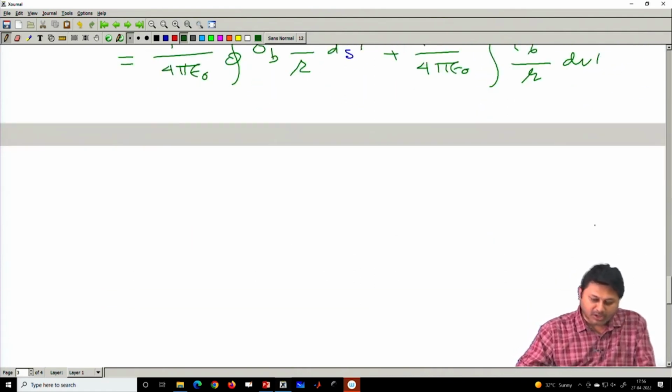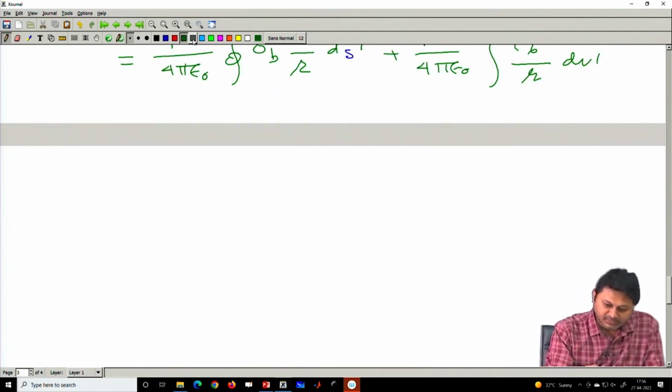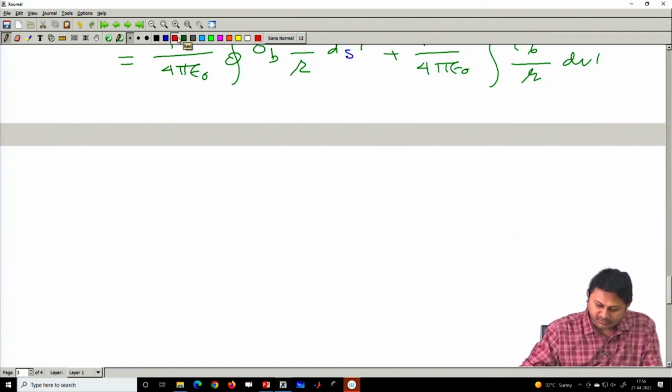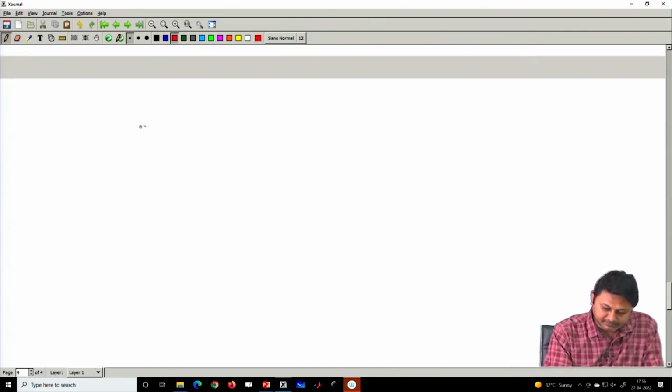Okay, so how do you define that? I can define it in this way. Sigma b is equal to P vector dot n.